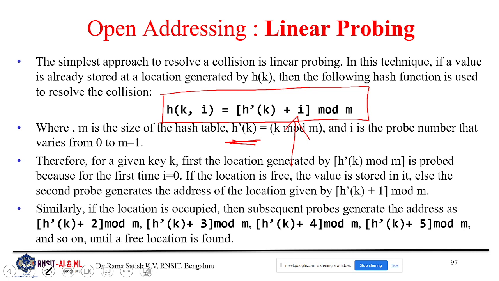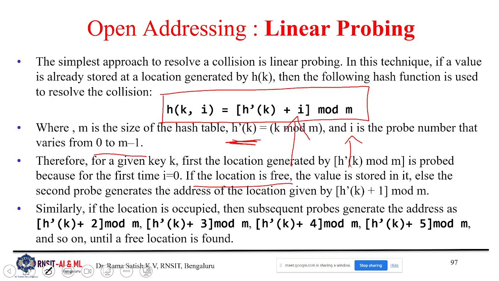So what happened? You added a probing value i. Usually the probing value starts from 0 and goes up to m minus 1. Therefore, for a given key, first you generate the initial location, and if the location is free, the k value is stored in it.